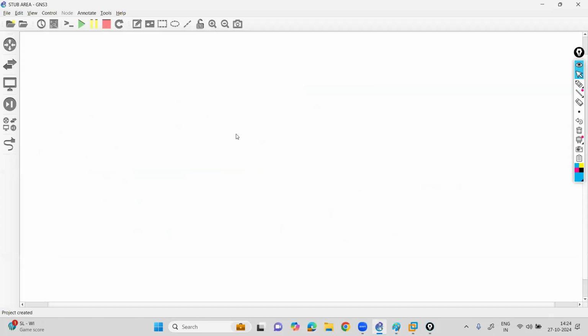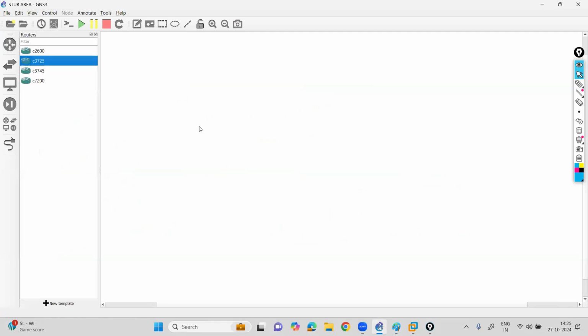Okay, so dear, let us assume we have a router over here, a router over here, and that is connected to two routers in a network.